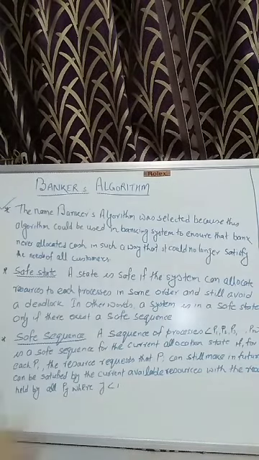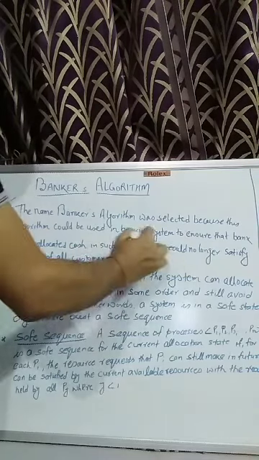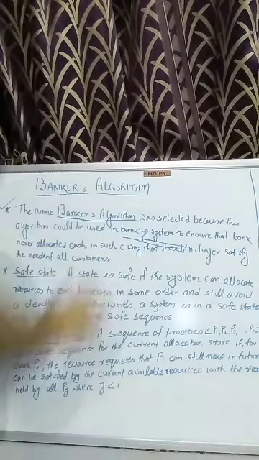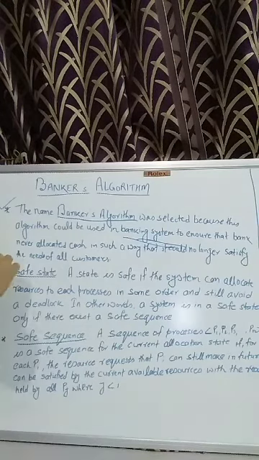So, on the basis of the logic used in banking systems, the name banker's algorithm is used. Now, in this algorithm, we compute a safe sequence that leads to a safe state of the system.